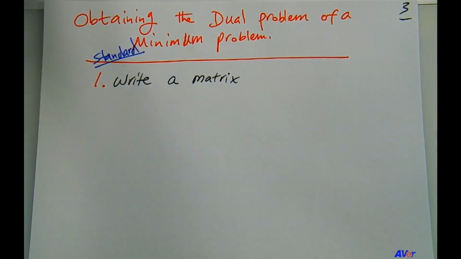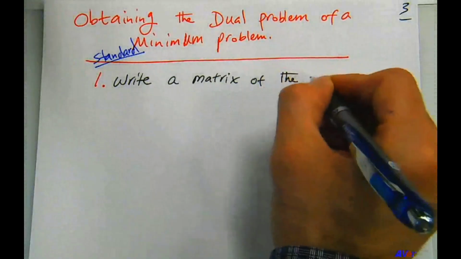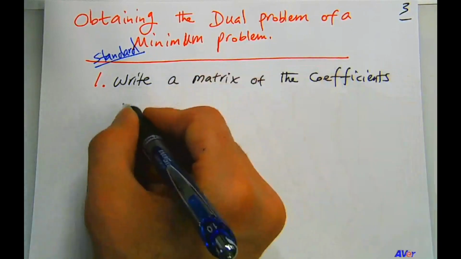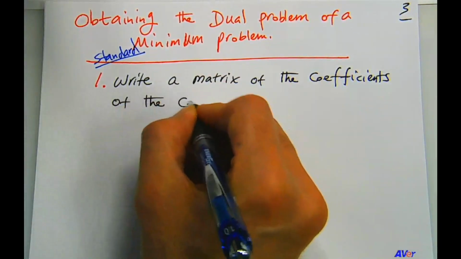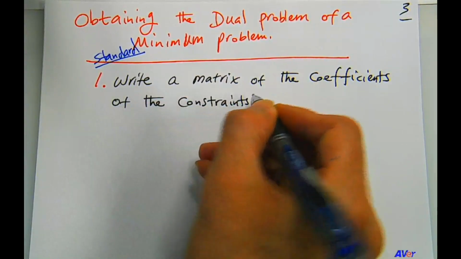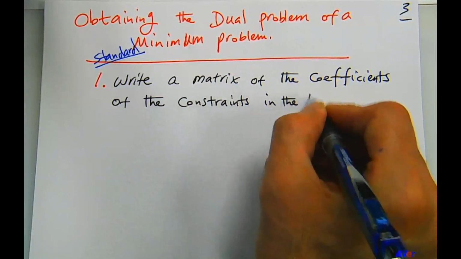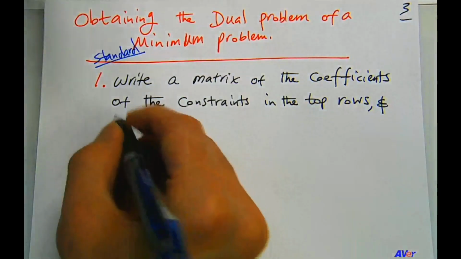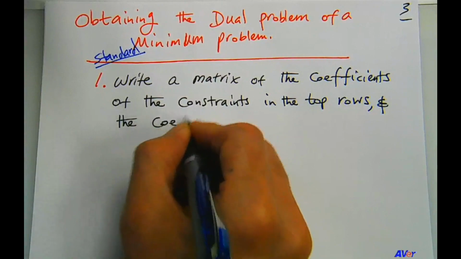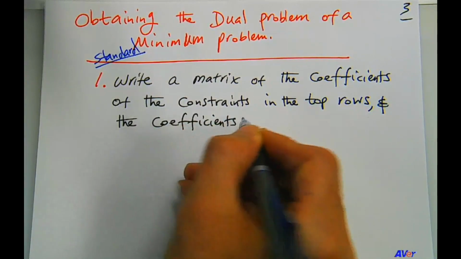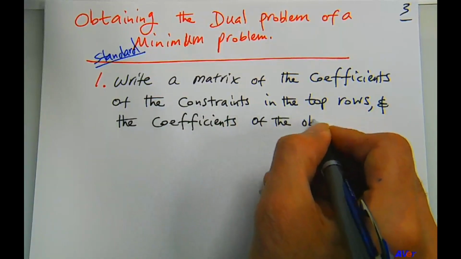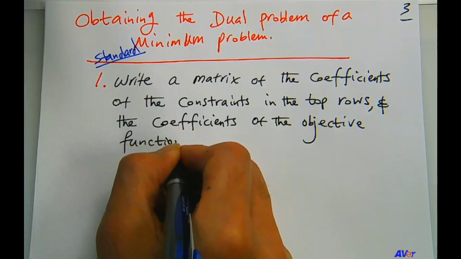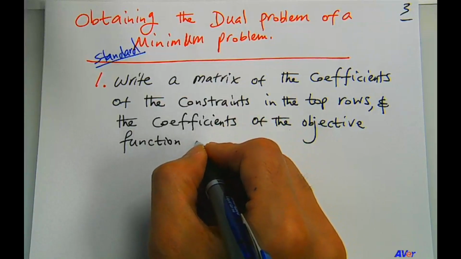So write a matrix of the coefficients, with the constraint coefficients in the top rows and the objective function at the bottom.